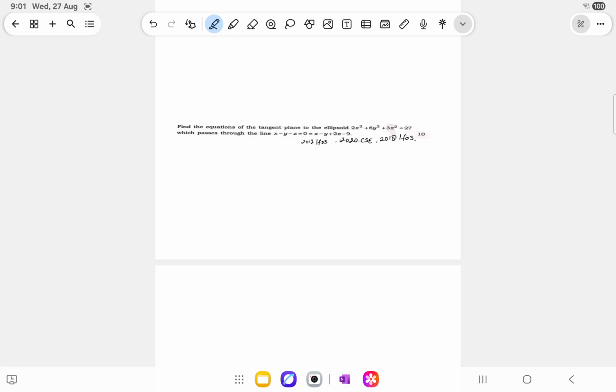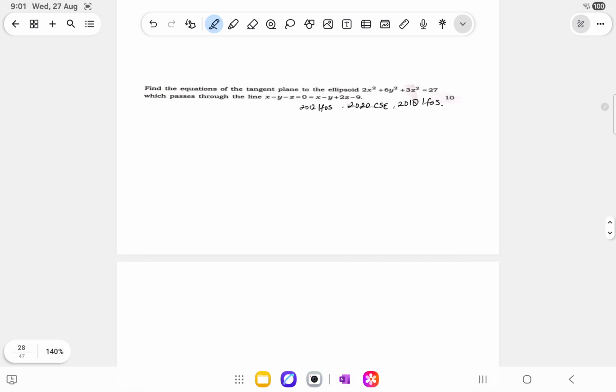So question number 2 says: find the equations of the tangent planes to the ellipsoid which pass via this line. The given ellipsoid is 2x square plus 6y square plus 3z square is equal to 27.